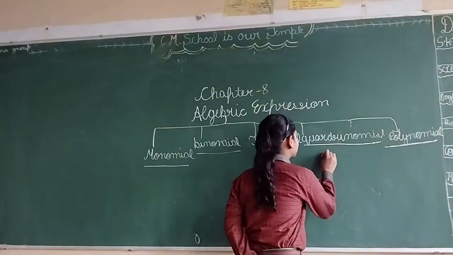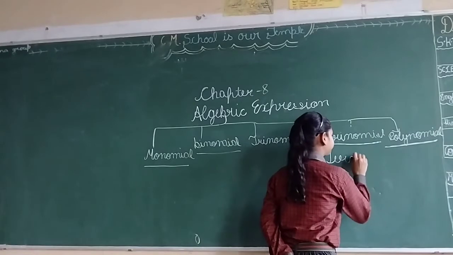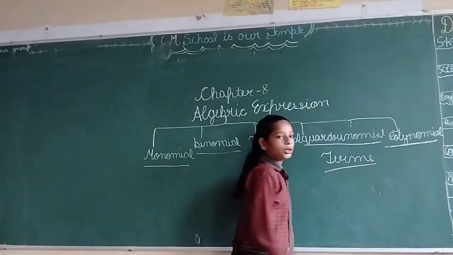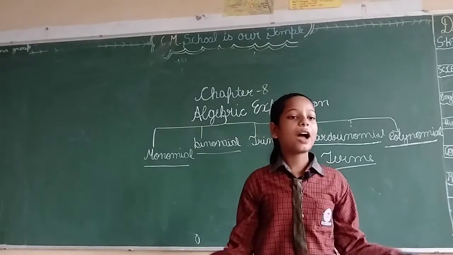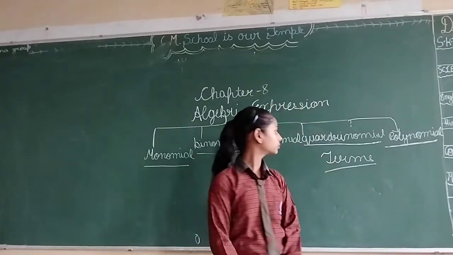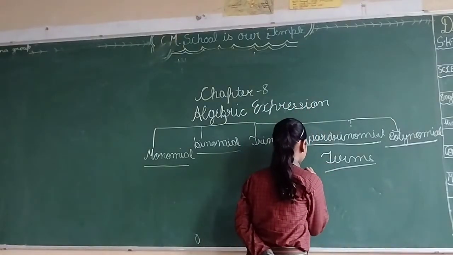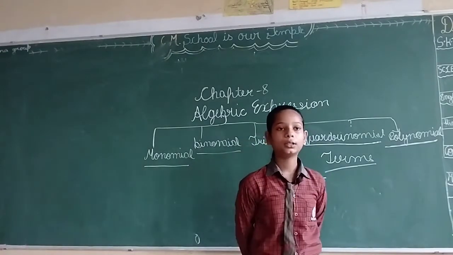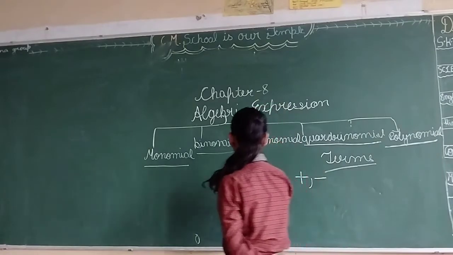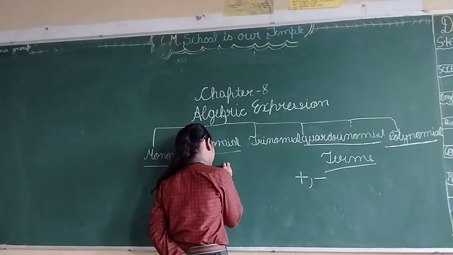Do you know what a term is? A term is a part of an algebraic expression. We separate terms with the plus and minus symbol. Now I will tell you how we separate the terms.